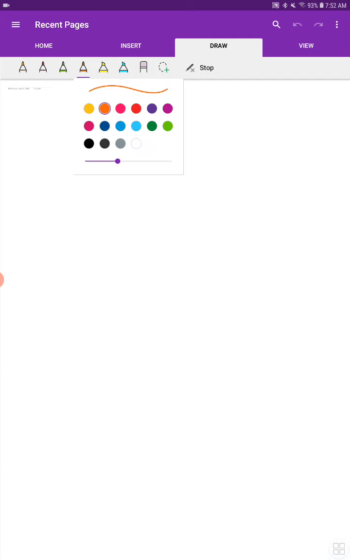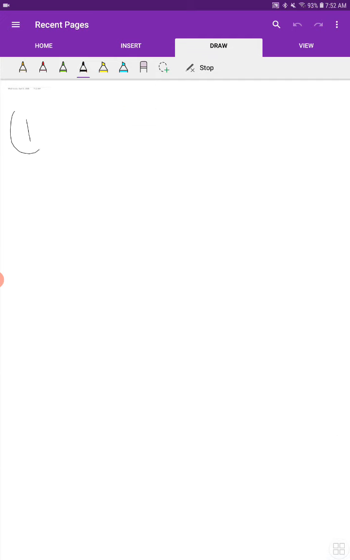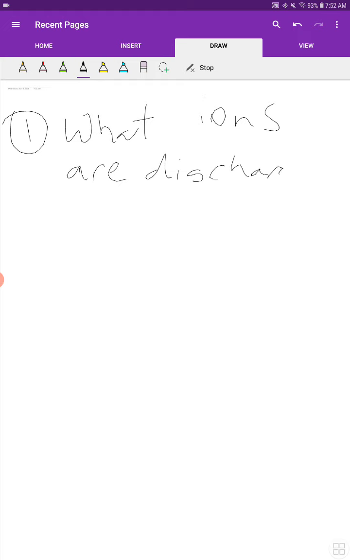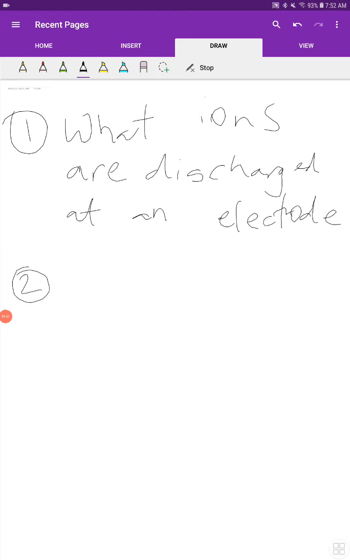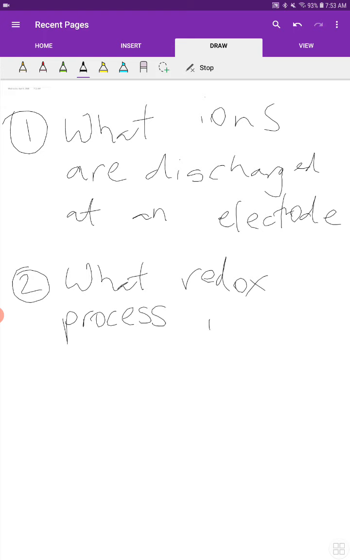You can get asked what ions are discharged at what electrode. You can get asked what redox process is occurring at each electrode.